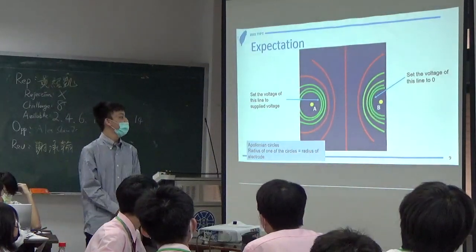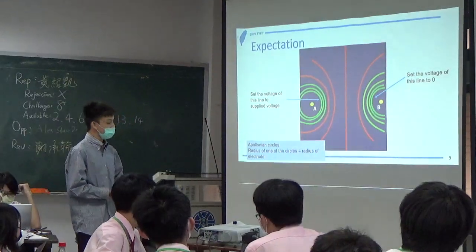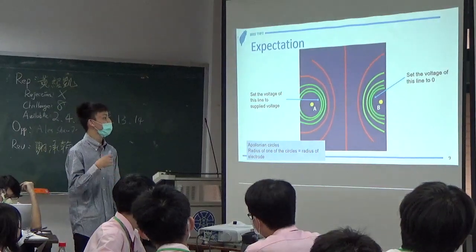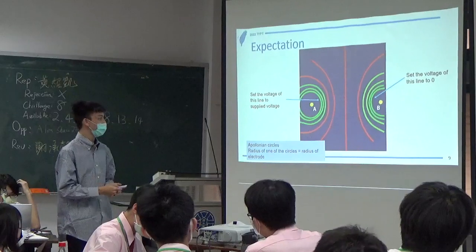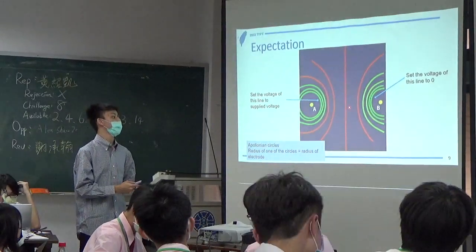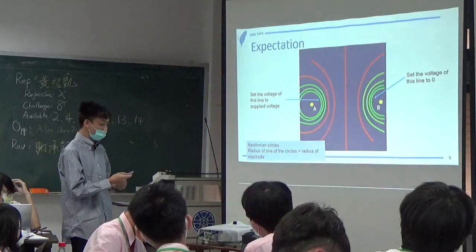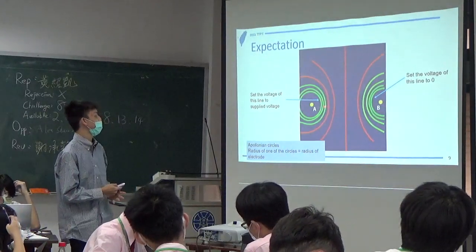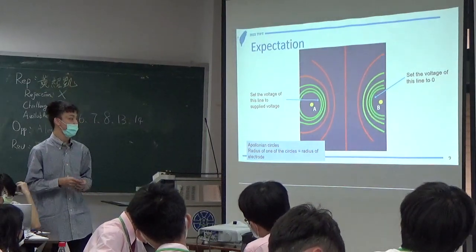Here's our expectation of what might happen. Assuming that the voltages are symmetrical with respect to the center line, we should expect that the voltage measured at the center of the tank is half of what is supplied. Also, the equipotential lines given by the 2 electrodes should be like that of 2 charges in a plane.